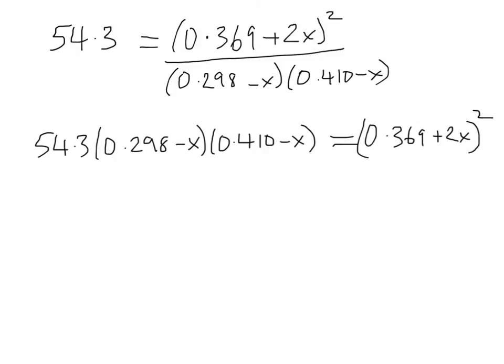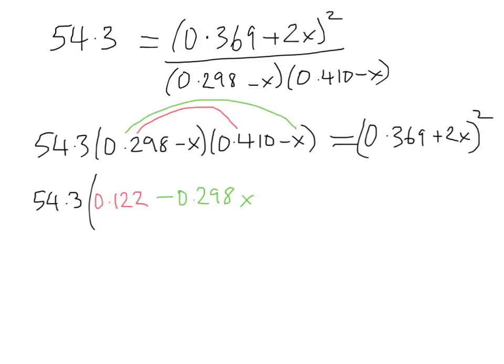When we multiply them together, we get the first, the outer, the inner, and the last. We can FOIL this out fairly quickly. So there we FOILed out the first two of the four terms. So the first term, 0.298 times 0.41, is 0.122.